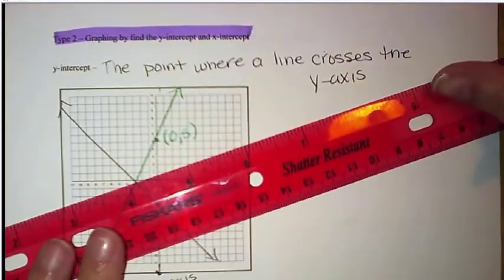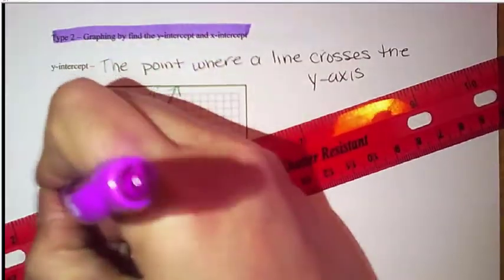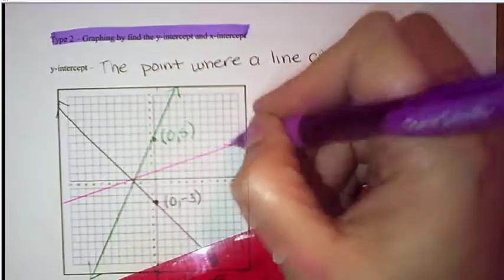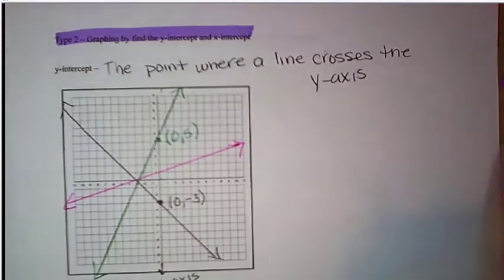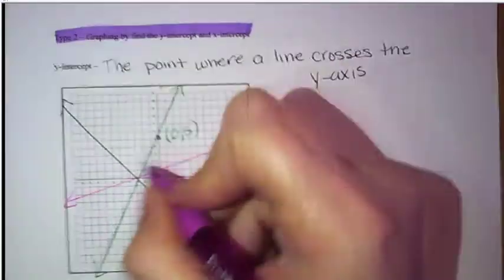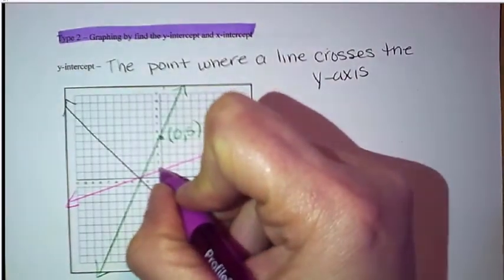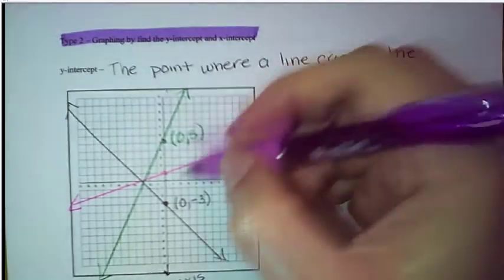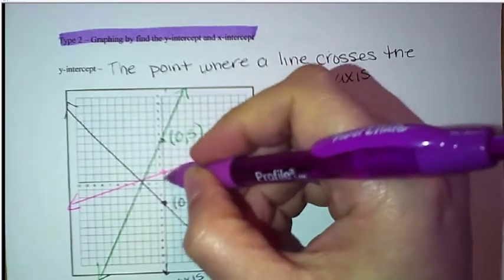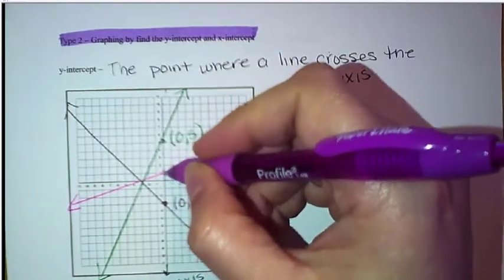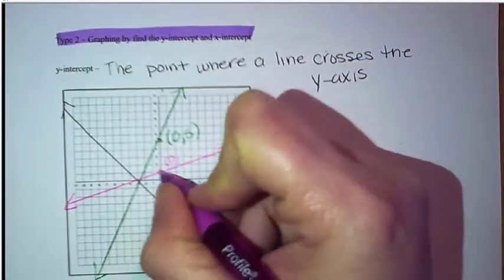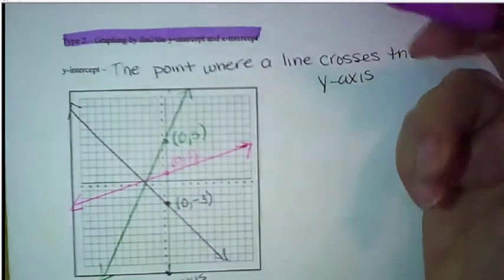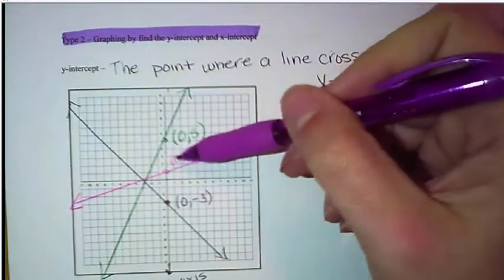I hope when you're watching this, you're seeing a pattern start to emerge with these lines. So for this pink line here, again, just a random line. Here's that point. Again, I wouldn't go right or left. I would just stay here because I'm already lined up with my point. So my x value is 0. And I would go up 1, so that would give me 1. So the y-intercept for this one is 0, 1.